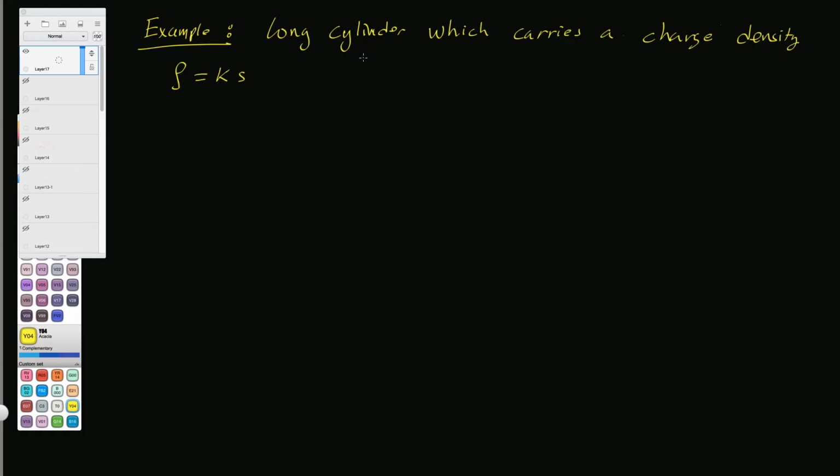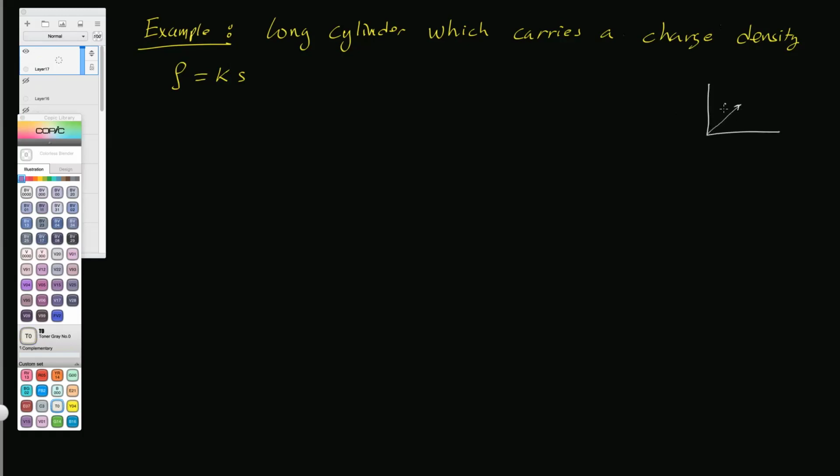We're going to be in cylindrical coordinates, so if I were drawing in 2D, this would be S, and this is the center of the cylinder. This is X and Y, and then Z goes along the length of the cylinder. This is not a constant charge density. We want to know what the electric field is inside.